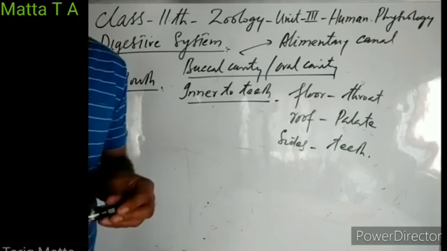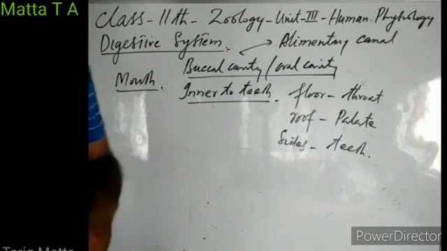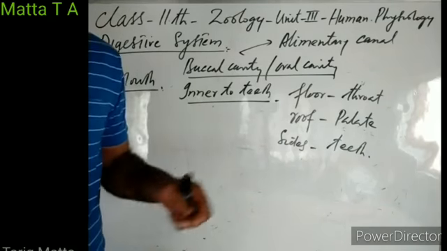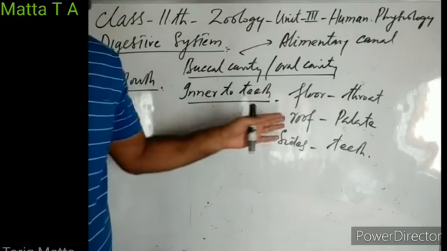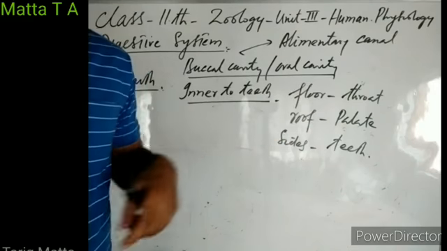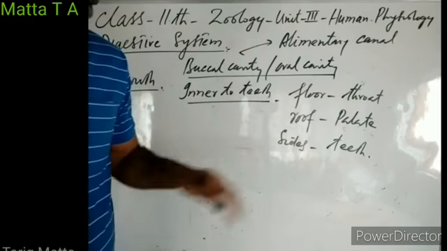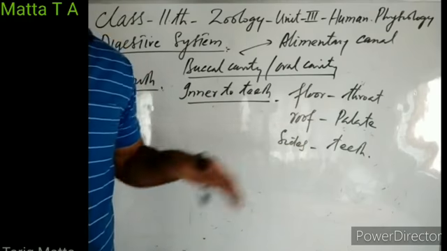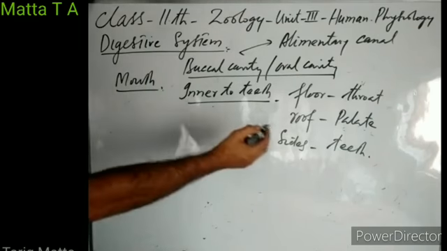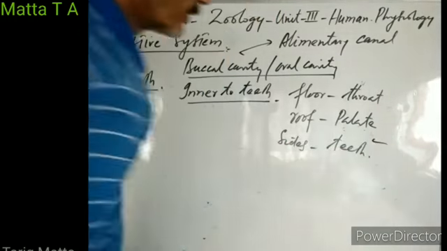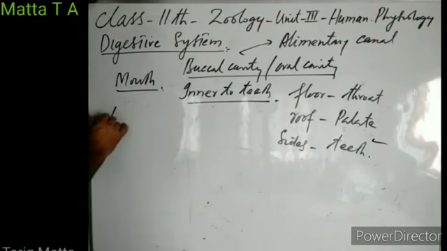So the oral cavity on its floor is lined by throat, on its roof there is the palate, and on the sides of the oral cavity there are teeth. Right. So we will first have a look at the teeth which are present in our oral cavity.